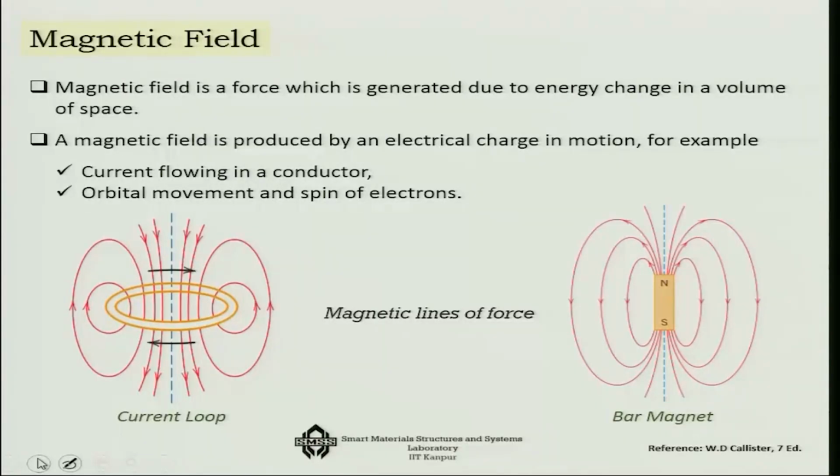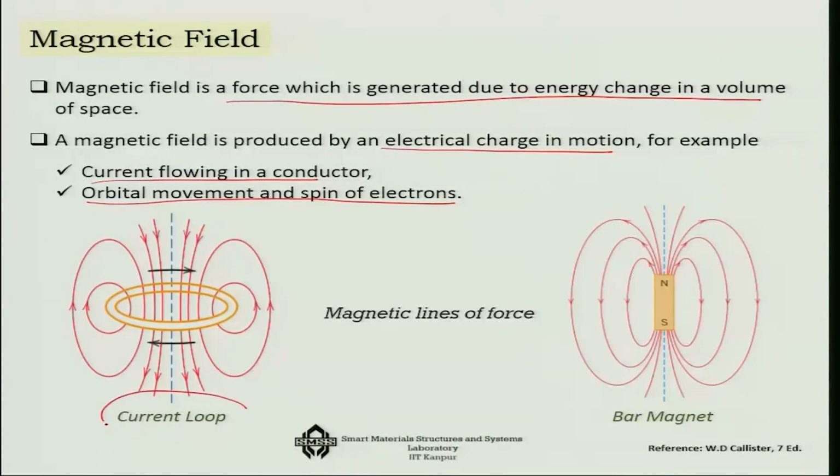So magnetic field is a force which is generated due to energy change in a volume of space, and this is produced by an electrical charge in motion. For example, if there is a current flowing in a conductor, or orbital movement and spin of electrons. So if there is a current loop, you will see that there are magnetic fields happening.